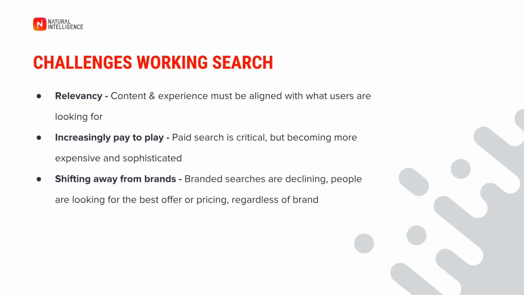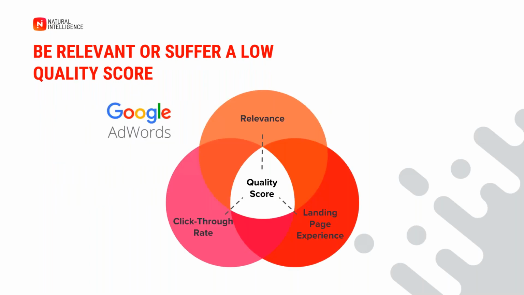Number one, relevancy. Google has a metric called a quality score. They calculate this quality score on a scale of 1 to 10 for each keyword based on the landing page, the term in the ad, and a couple of other factors.